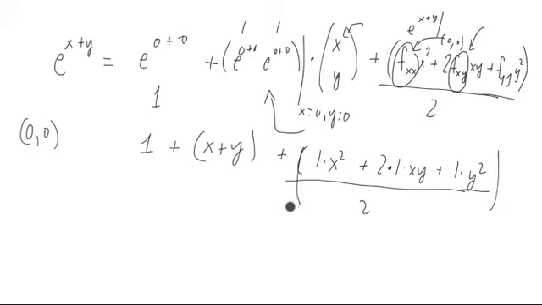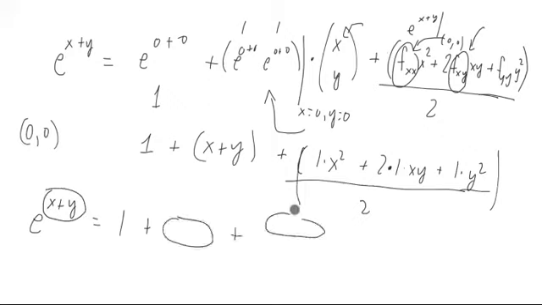In fact, you might see some similarity. If you take the Taylor series for e to the x plus y, just think about what it is: 1 plus, and think of this as circle plus circle squared over 2 plus circle cubed over 3 factorial.